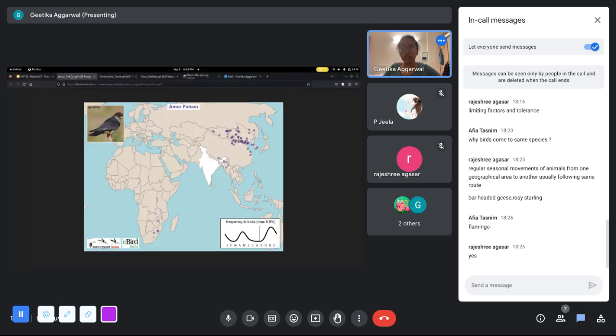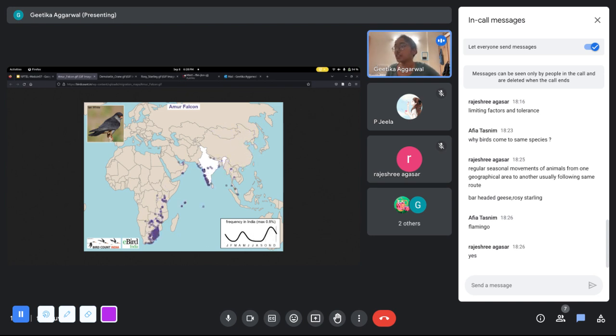And can you see? Is the screen visible? So here you can see this is made by Bird Count India, and they have taken the data from eBird sampling. These are the months: January, February, March, April, May, June, July, August, September, October, November, December. And when this bar moves along this graph, you can see where the bird is found in these different parts.